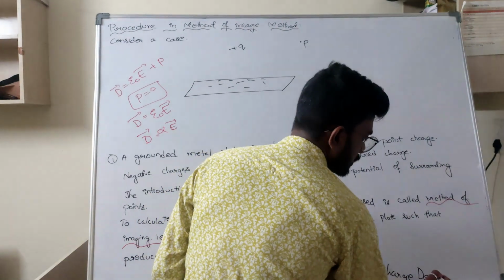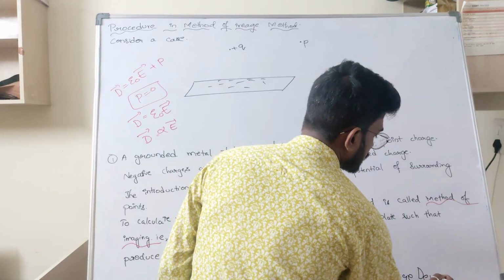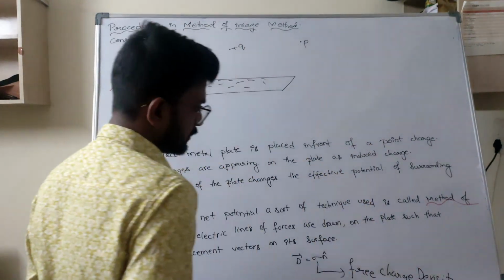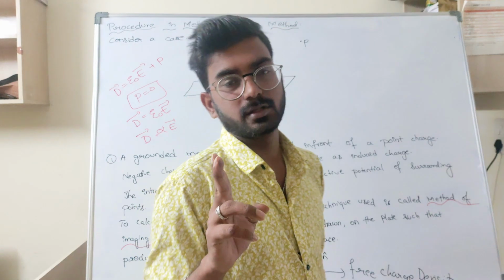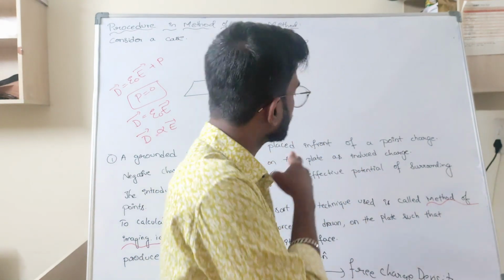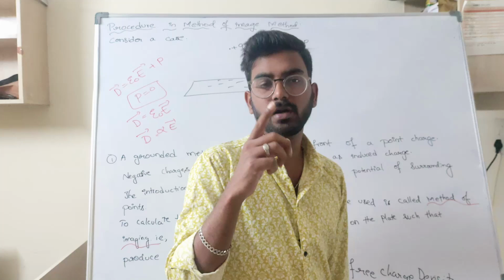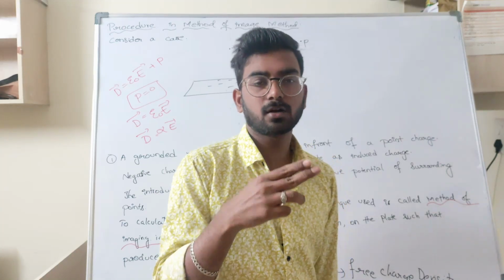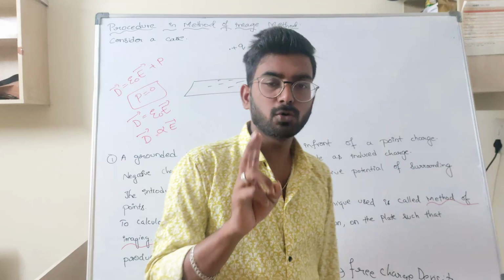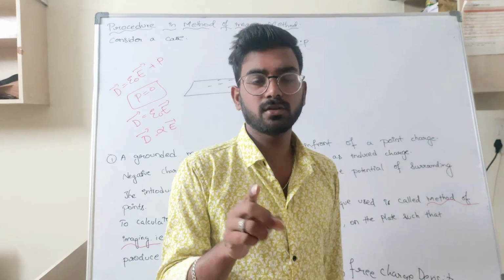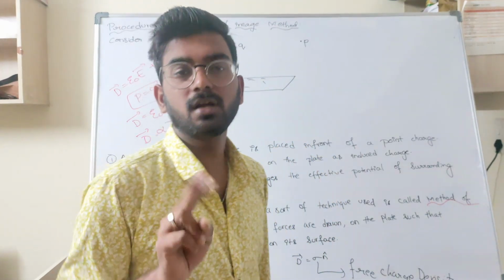So what is free charge density? See, there are generally two components in method of images. One is the normal component, one is the tangential component, the perpendicular component. Due to the free charges present here, yesterday I told you two conditions. Among that, one condition was that the tangential component is 0.